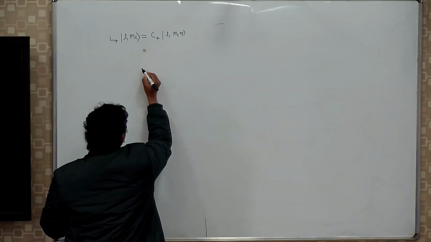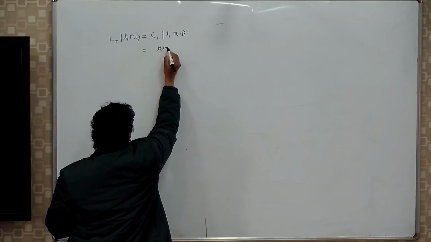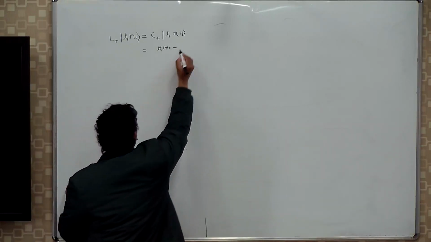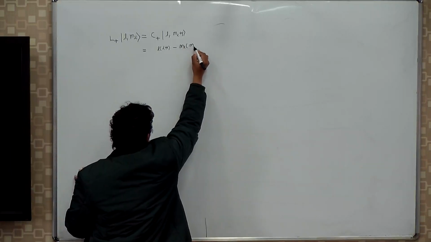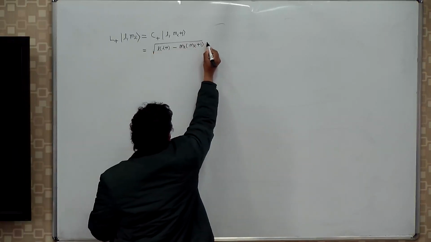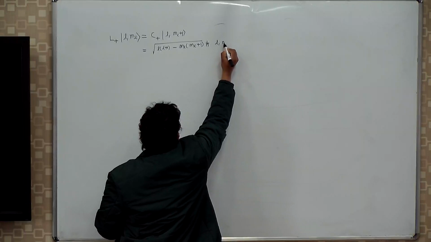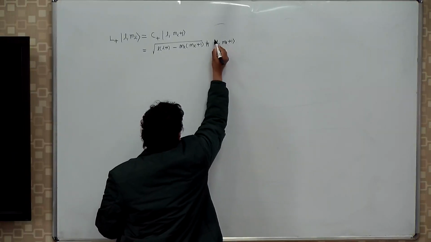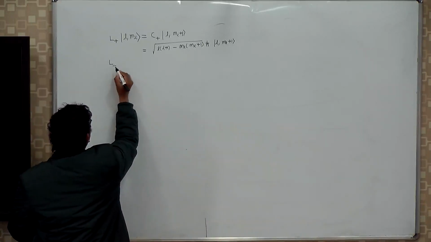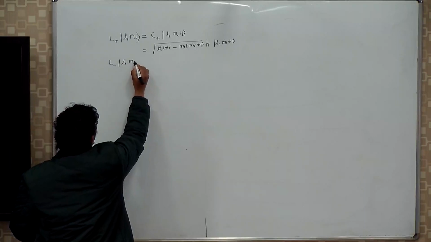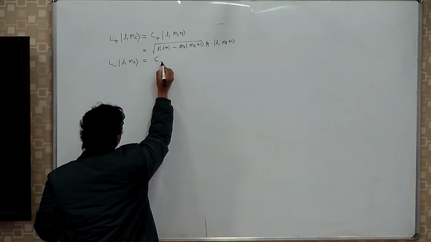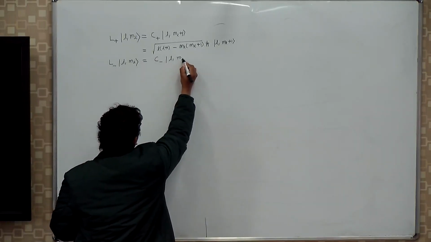So C plus is nothing but the square root of L into L plus 1 minus m L into m L plus 1, so h cross L comma m L plus 1. And the lowering operator L minus acts on the state vector L comma m L to give the probability constant C minus with L comma m L minus 1.